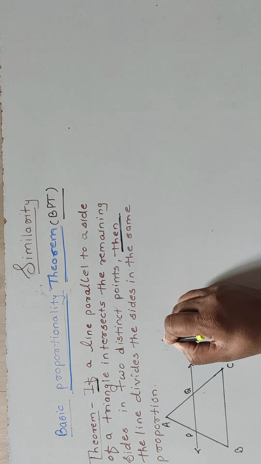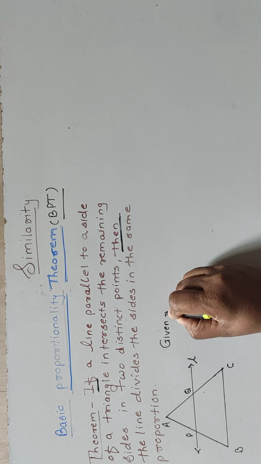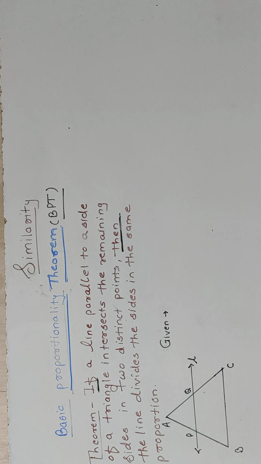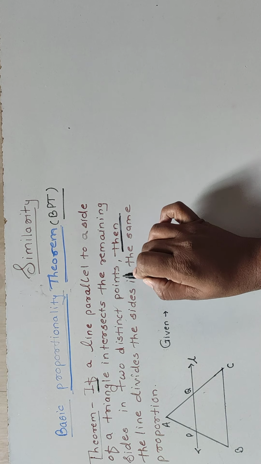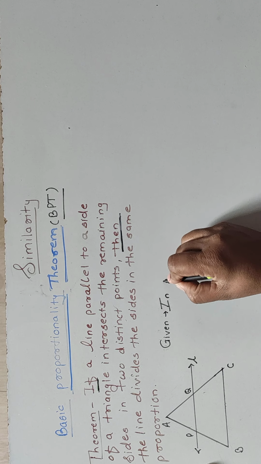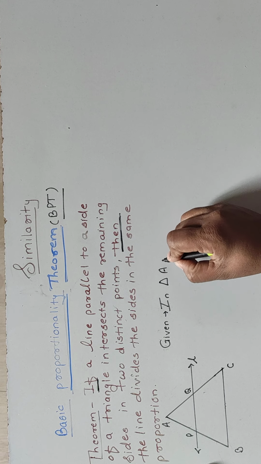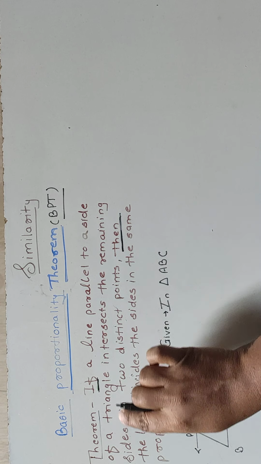Now we will write the given for this. So what is the given here? In triangle ABC, a line is parallel to a side of the triangle.